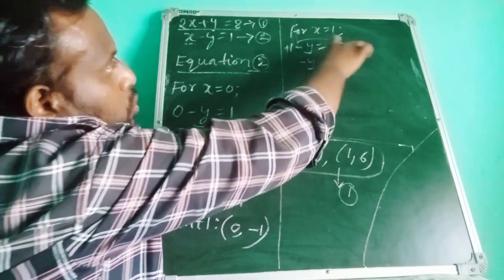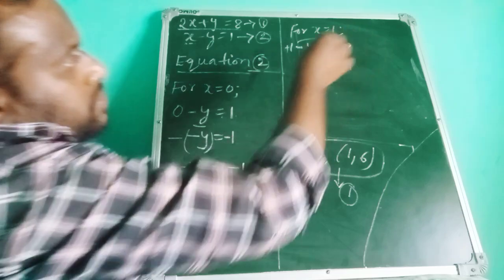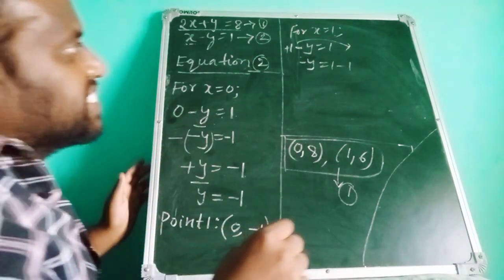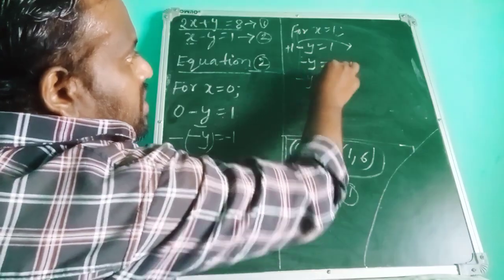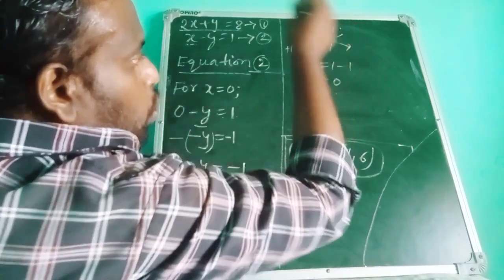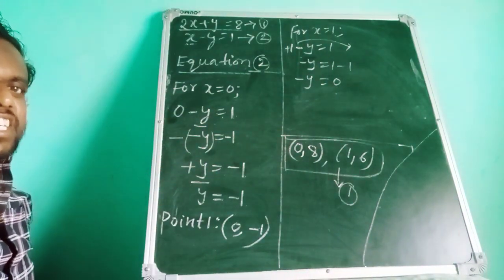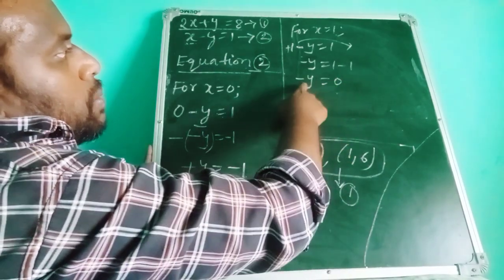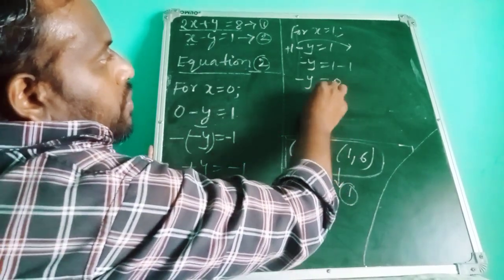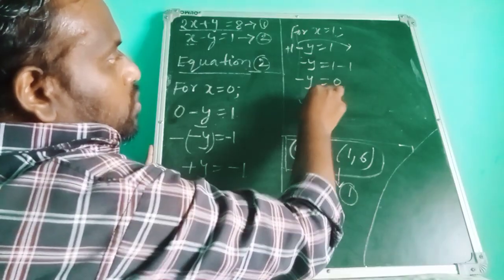When plus 1 is moved to this side, it will become minus 1. So next step, minus y is equal to 1 minus 1, which is 0. Since it is 0, minus y is equal to 0, or we can write y is equal to 0.